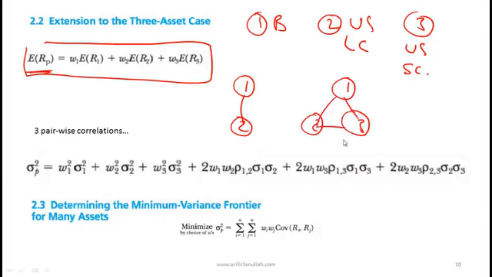In level 1 and later you will see the formula for figuring out how many pairwise correlations you need to worry about. Is the correlation between 1 and 2 the same as the correlation between 2 and 1? Yes, it's the same thing. So there are only 3 pairwise correlations.